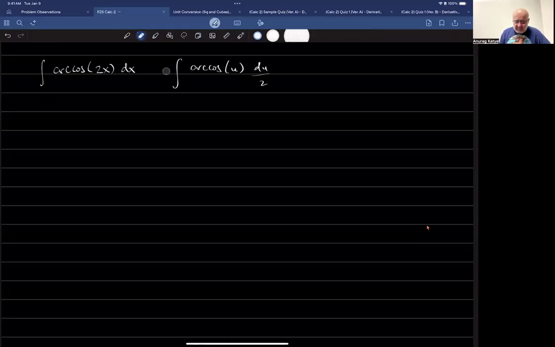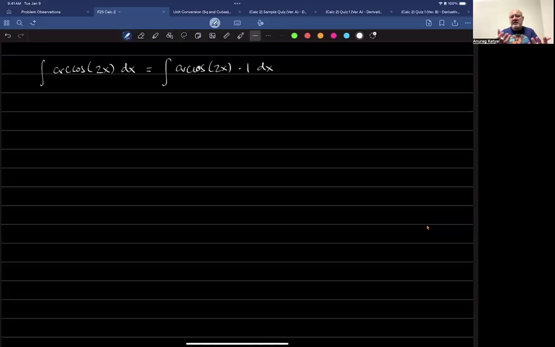So let's do what we did with the previous problem. Rewrite this as the antiderivative of arccosine of 2x times 1 dx. You don't have to do that, but this is just me trying to show you that, hey, it is a product, which means parts becomes a reasonable choice.